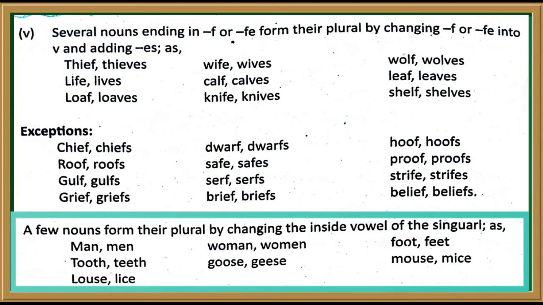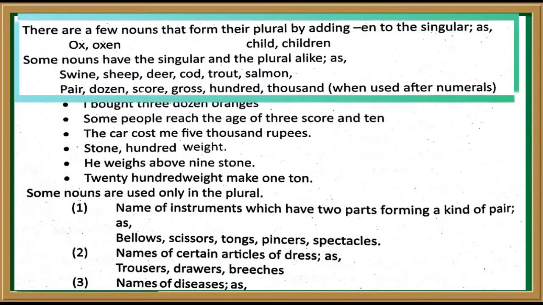Foot, feet. Tooth, teeth. Goose, geese, etc. There are few nouns that form their plurals by adding en to the singular noun. For example, ox, we can add en in order to make it plural. Oxen. Child, children.